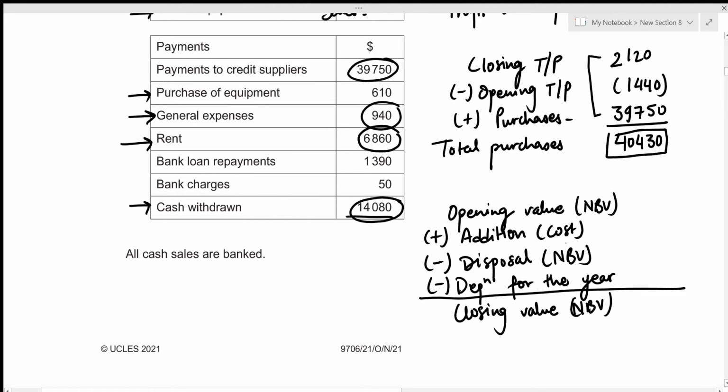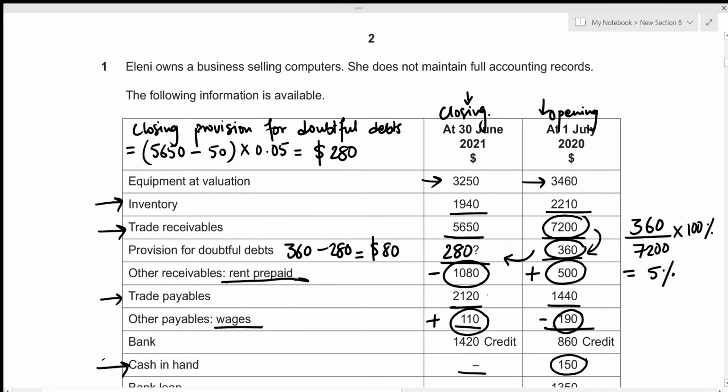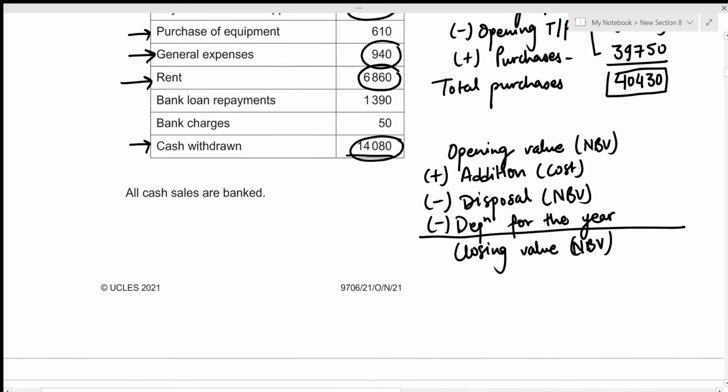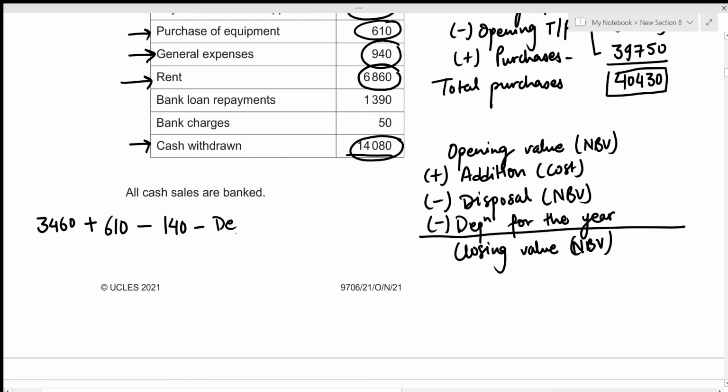Now I'm going to substitute the amounts for these 5 headings and write it in the form of an equation. Let's first have a look at the opening value. So the opening value of equipment was 3,460. Let's write that. Then there was purchase of equipment amounting to 610. So we need to add this amount. There were disposals, and the disposed equipment had the net book value of 140. So we need to subtract 140. Then we need to subtract the depreciation charge for the year. This is the heading that we are trying to figure out.